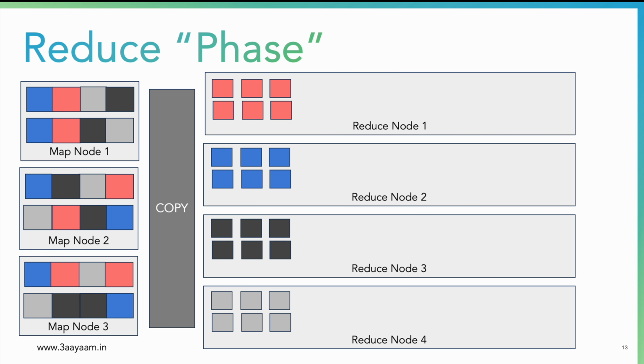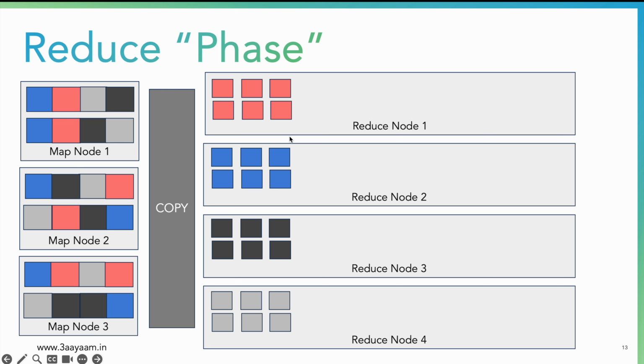And this phase is called the copy phase, wherein the framework copies these partitions to their corresponding reduce nodes. So the different partitions from the map phase have been copied to different reduce nodes.